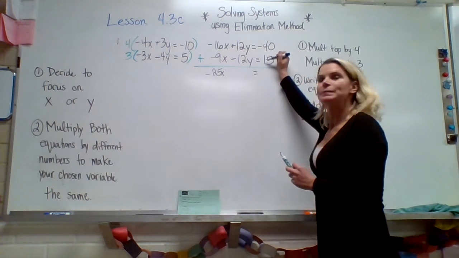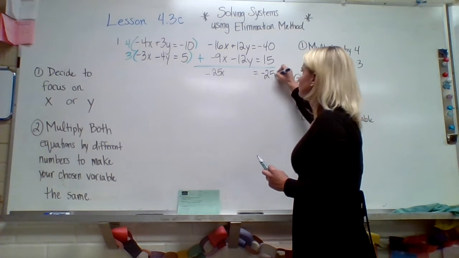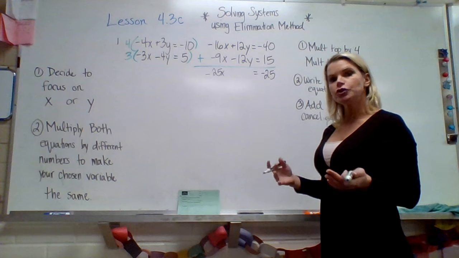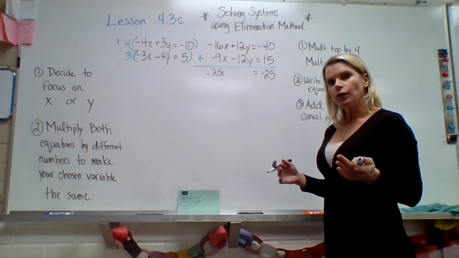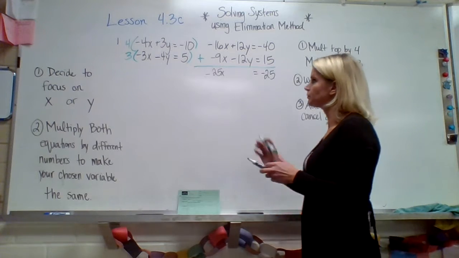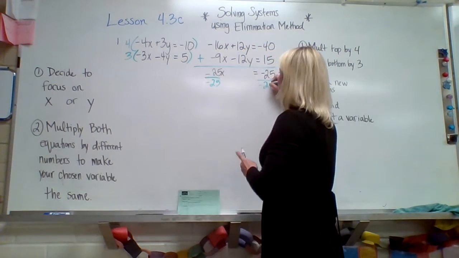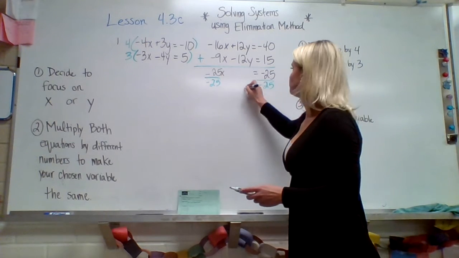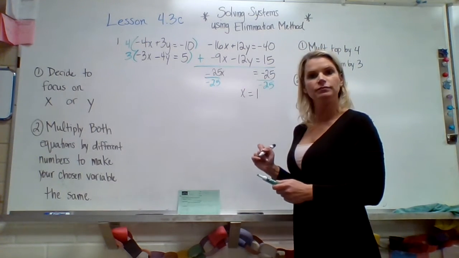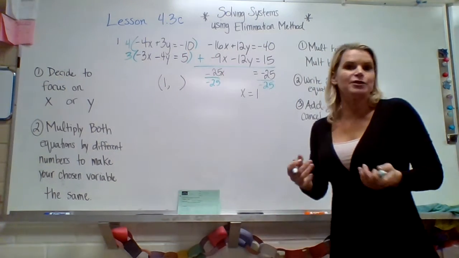Negative 40 plus 15. Oh, nice. So I do what? Get x alone. My x value is positive 1. So now 1 comma, I don't know my y.